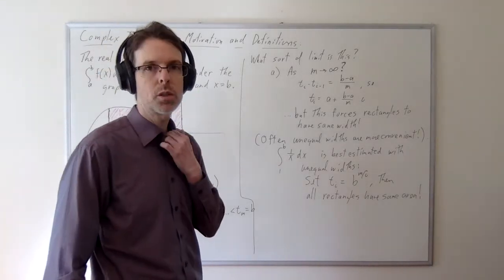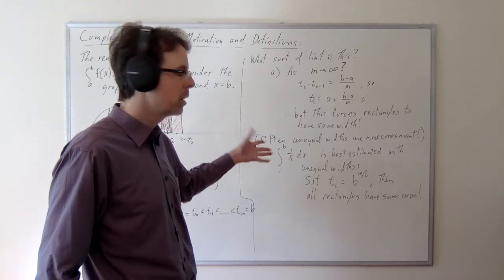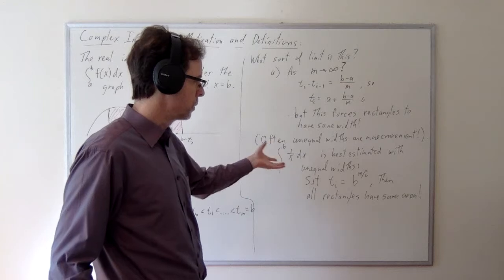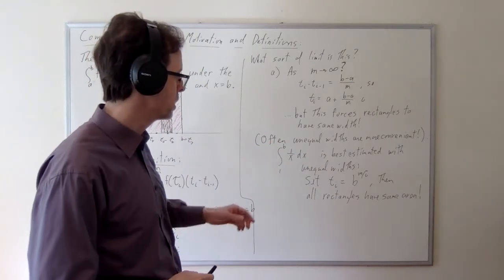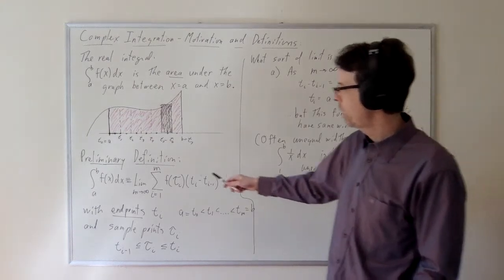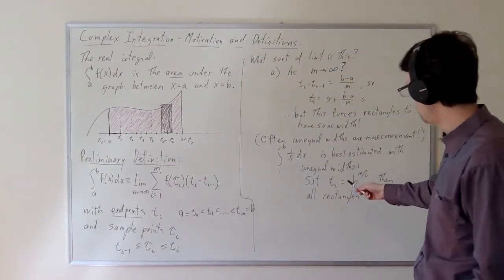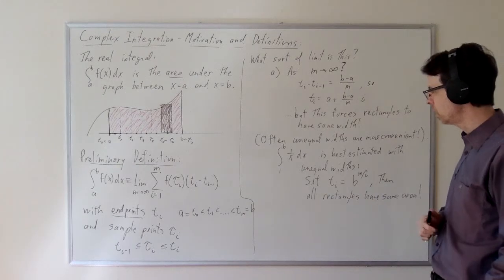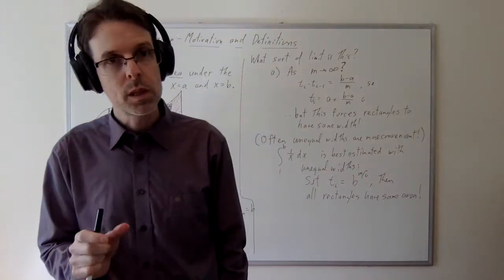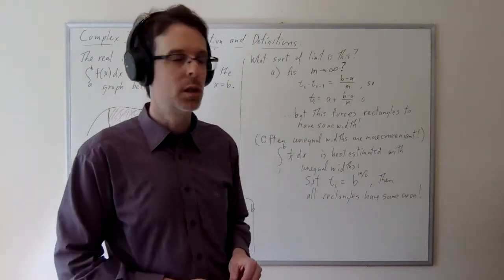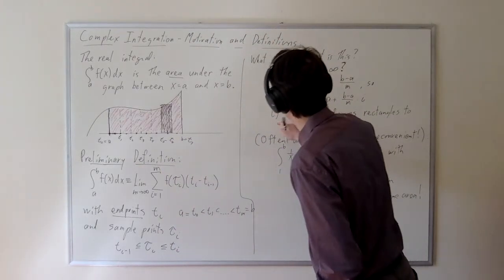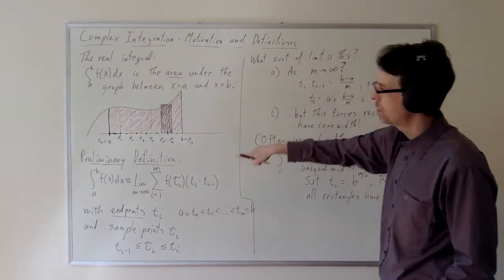If you manage to prove that all the rectangles have the same area, then calculating the Riemann sum integral is really just a question of counting how many rectangles there are. And so that's nice. Actually, I'm being a little bit imprecise here because I haven't told you what the tau_i's are. But you can just use the right-hand rule, set tau_i equal to t_i, and then it will be true that they all have the same area. So there are some cases when we would like to have unequal widths so that we can have convenience in calculation later. But more importantly, this is my first objection to simply regarding this as a function of m.